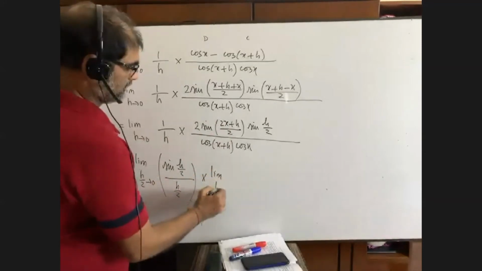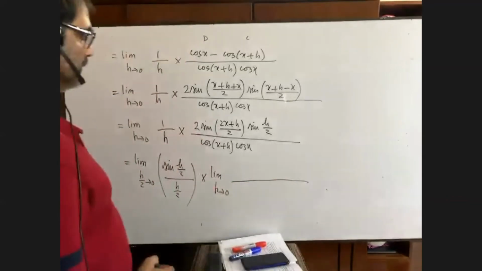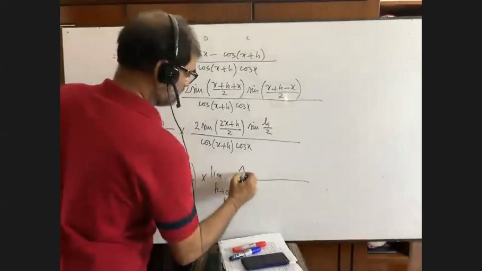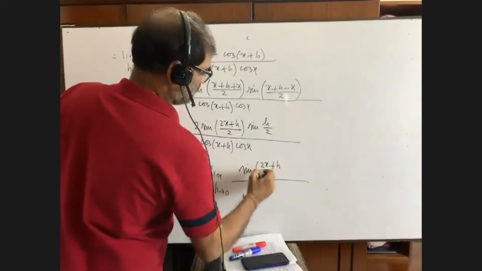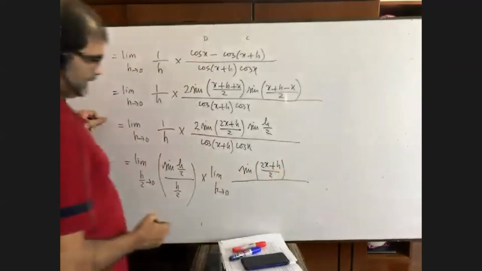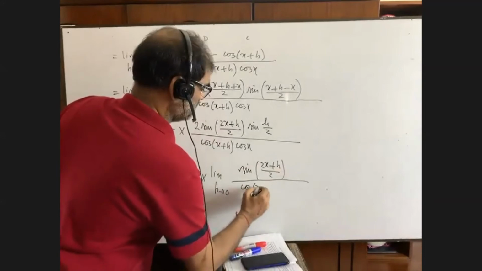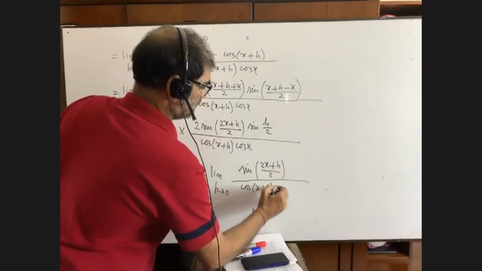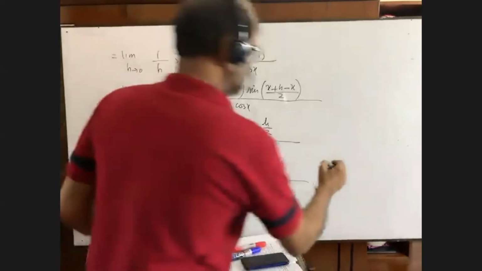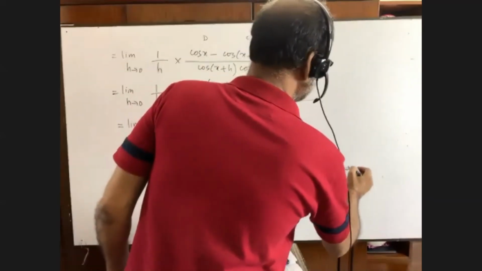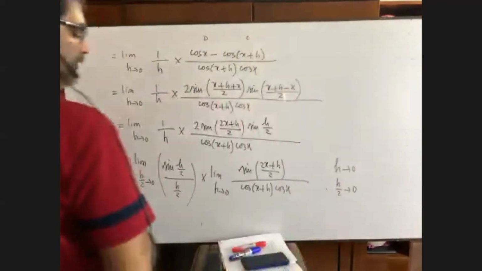limit h tends to 0. We are left with in the numerator sine of (2x plus h) by 2, and in the denominator, we are left with cosine of (x plus h) cosine x. Side note, h tends to 0, so h by 2 also tends to 0.